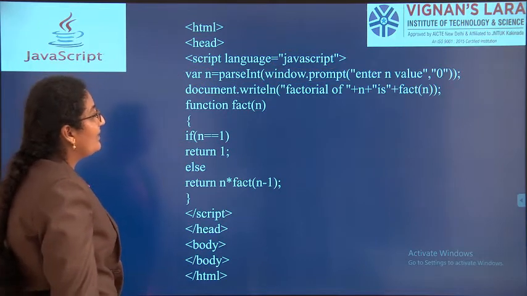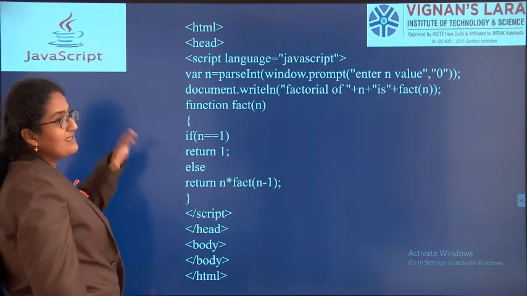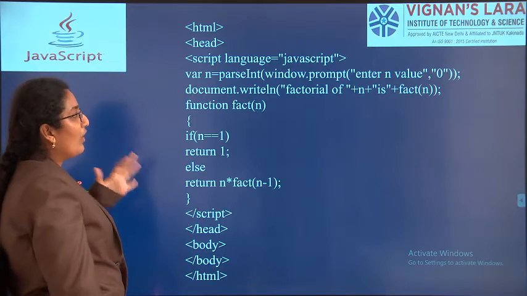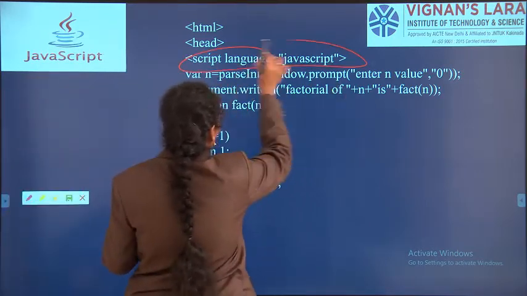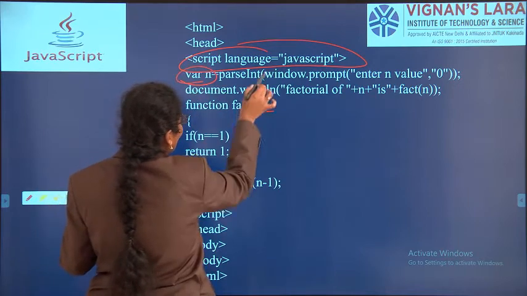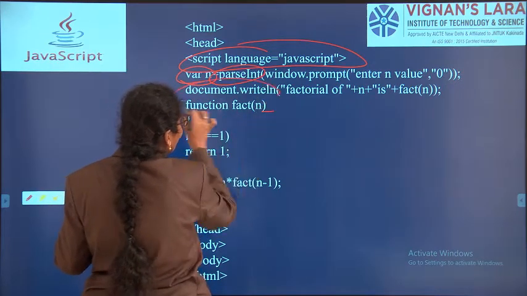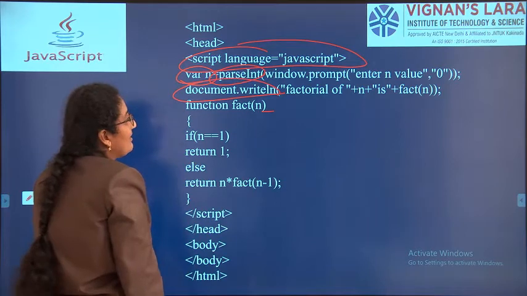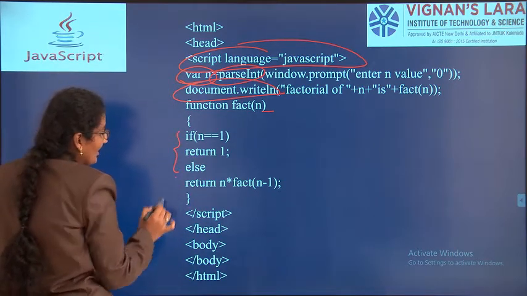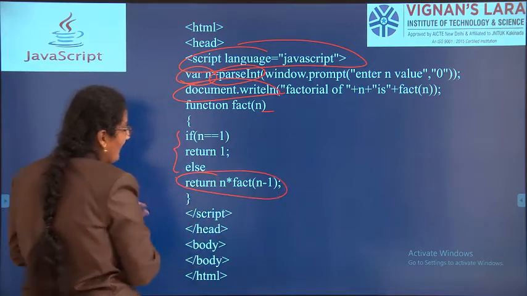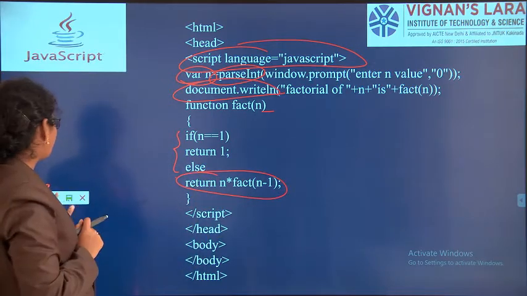So very simple. Writing all C programs in JavaScript is very simple. What difference will we find? The difference is in the form of language: while declaring variables, while converting them into integers, in input statements and output statements. All these if statements, else statements, and the formula for finding the factorial are the same.